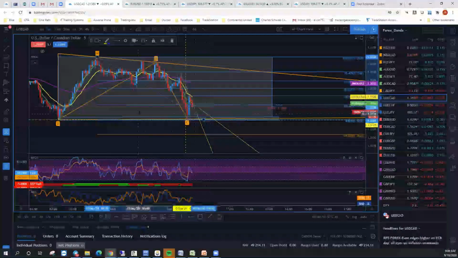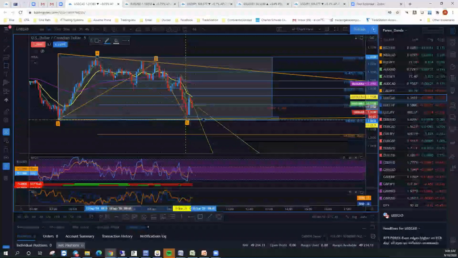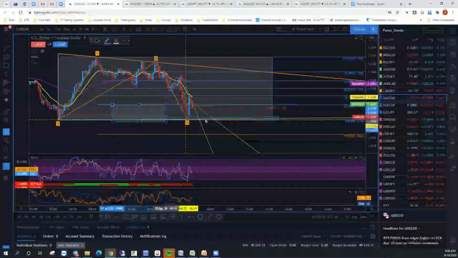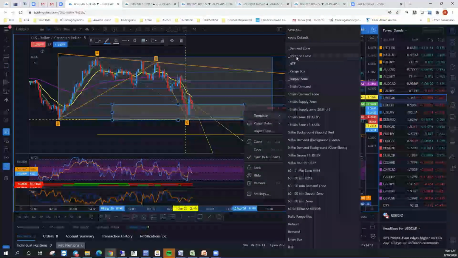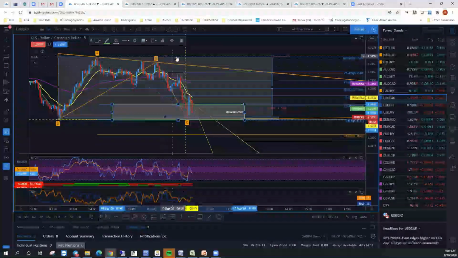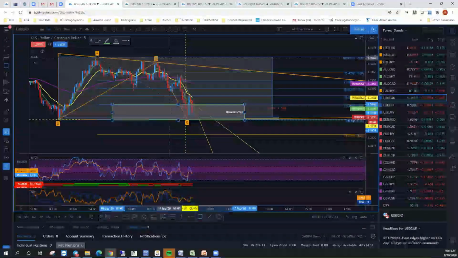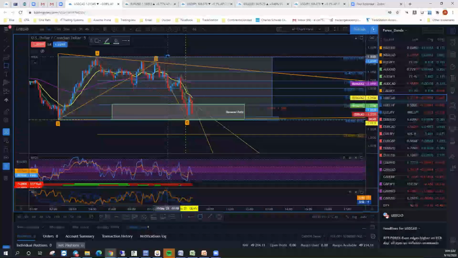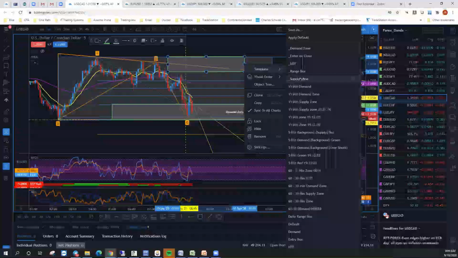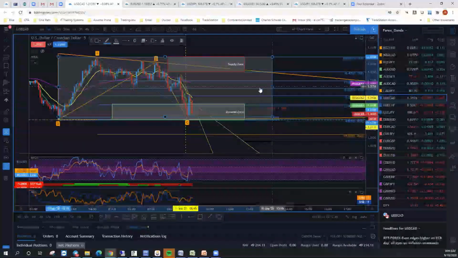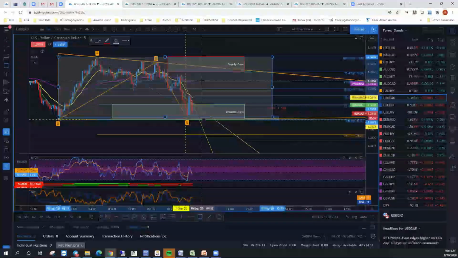Now if we can get a break outside of this area, because right here is our demand zone, and up here is our supply zone. Right in the middle is our no man's land that we want to stay out of.